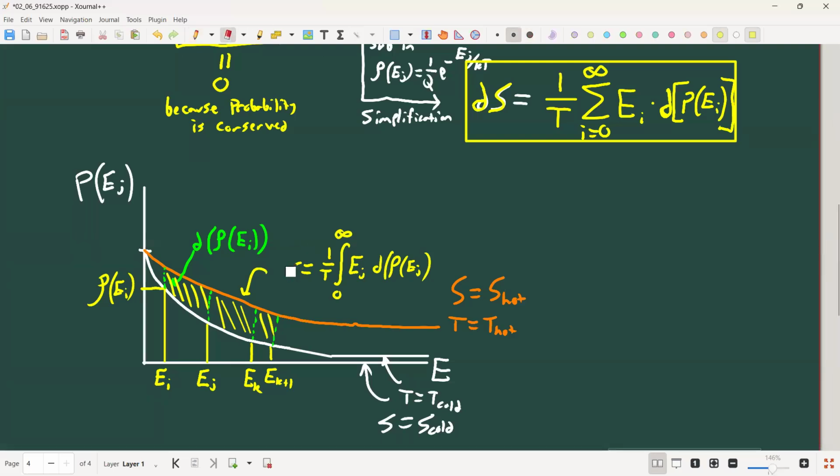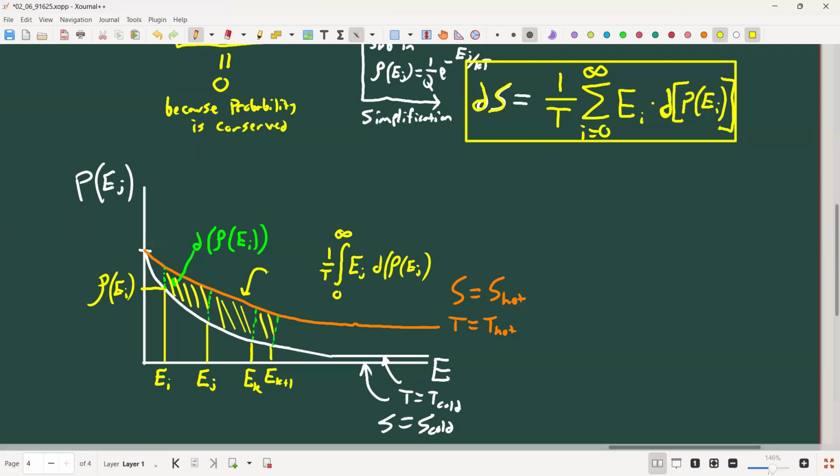Let me clean it up. I'm sorry, I have a little too much here. Delta S, and we sum over all the different states. And so each one of these little regions of integration we've done between individual points are just integrals of that area, and that's just a change in the entropy.